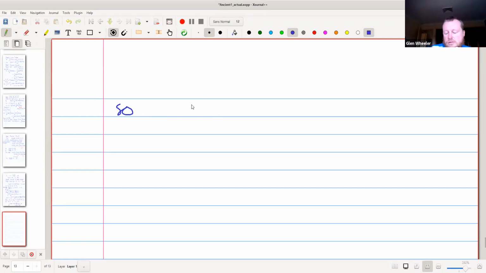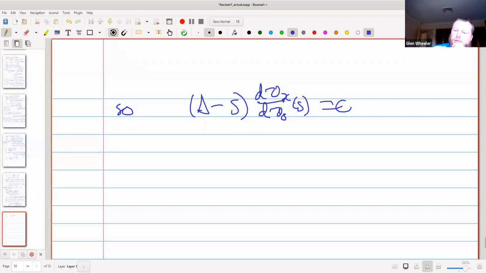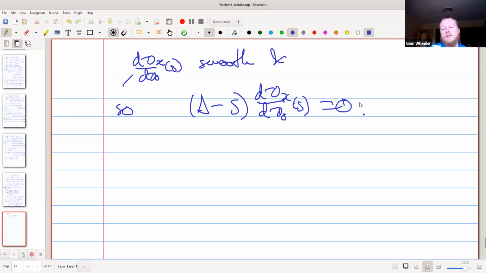That means that you take this Laplacian minus s operator, for ν_0 almost every s, applied to dν_x/dν_0(s), and you get 0. And of course, this is smooth as well. So dν_x/dν_0(s) is smooth, and this PDE is satisfied. All right, cool beans.